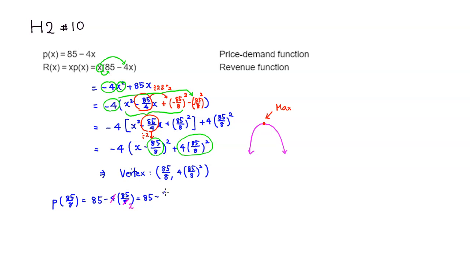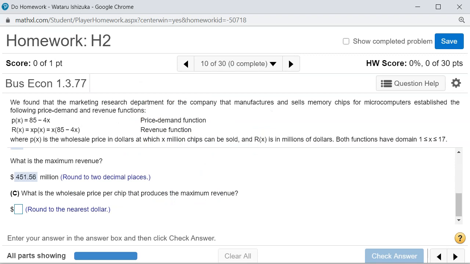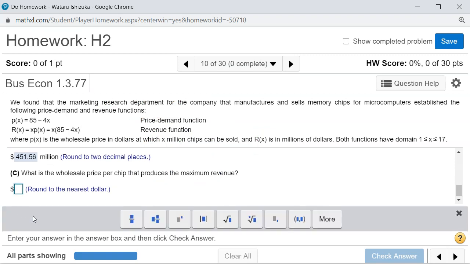So 85 minus 85 over 2 is obviously 85 over 2, which is 42.5. Right? So let's type it in. Round to the nearest dollar, 42.5. So it's going to be 43. Right? Let's check the answer.